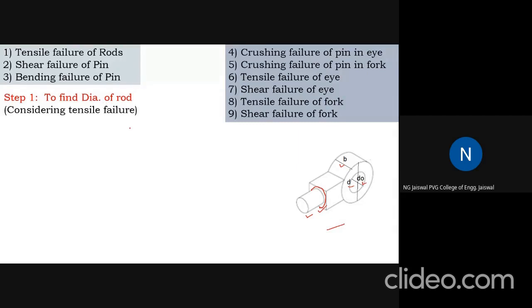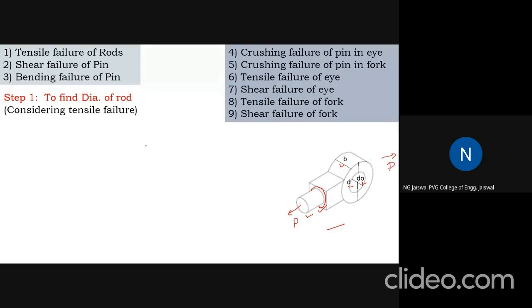How to find? You can consider its tensile failure, because this is always subject, when in the assembled position, to some force P, and same thing here also in assembled position. The other part, say fork, and the corresponding rod is subjected to the axial pull.